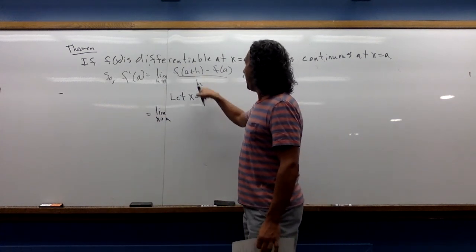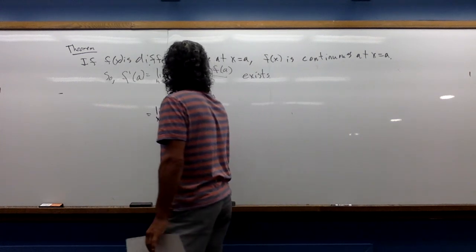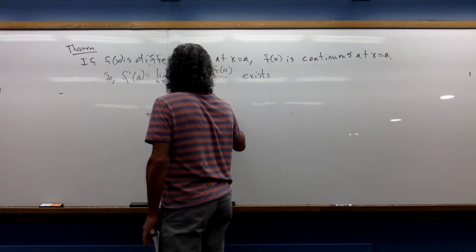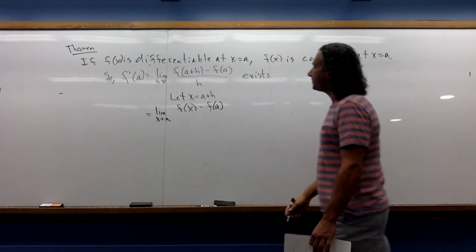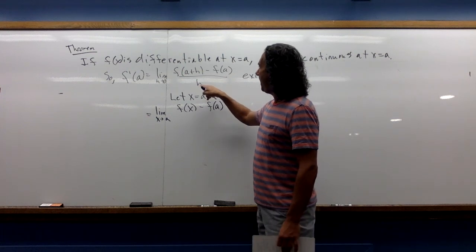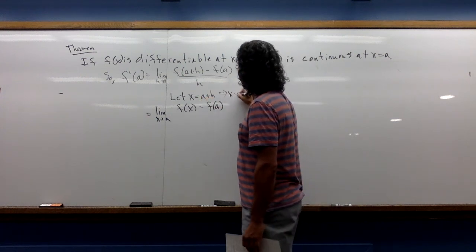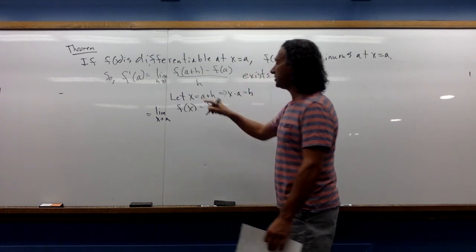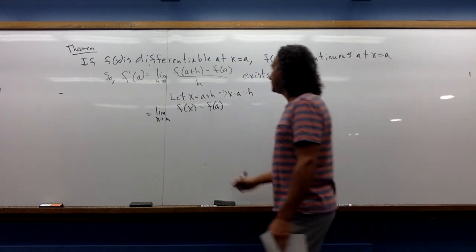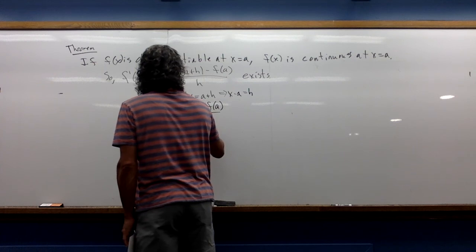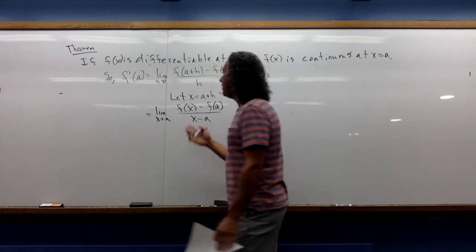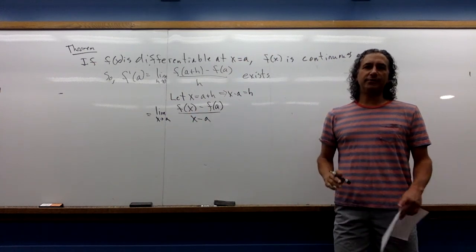Right? If h goes to 0, x is getting closer and closer to a. So let me rewrite this in terms of my x. This is f of x. f of a is still f of a. And if x is a plus h, that tells me that x minus a is h. Just subtract a from both sides. So we get this. This is another way of expressing the derivative.